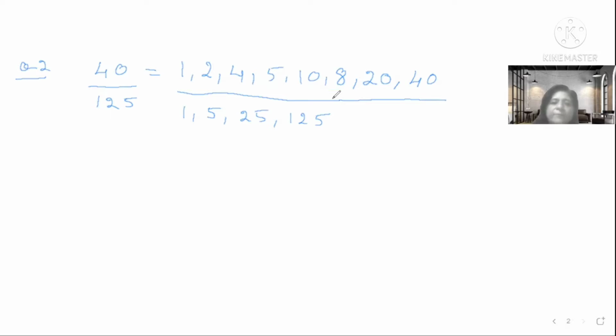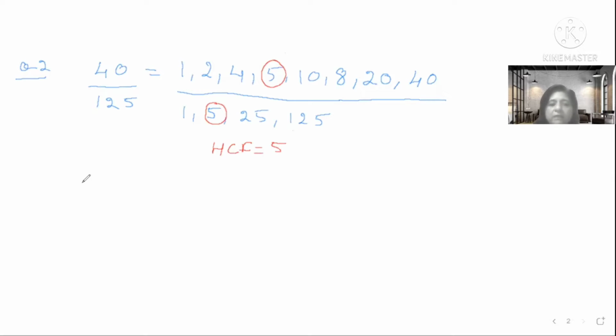Now guys, find out what is the highest common factor between 40 and 125. So here we see that the highest common factor is what? It is 5 and no other factor is common.